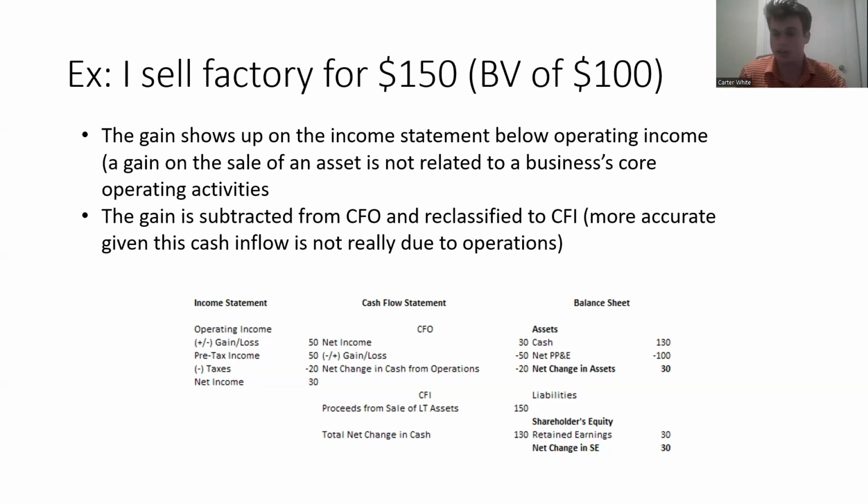Now I guess I'll go through the example of if it was a loss. I don't have it actually right now here, but I'll just go through it in my head. So let's say it was the same book value of 100, but I sold it for $50. Then instead of a gain, it would be a loss of -50. So my pre-tax income would actually be down by 50.